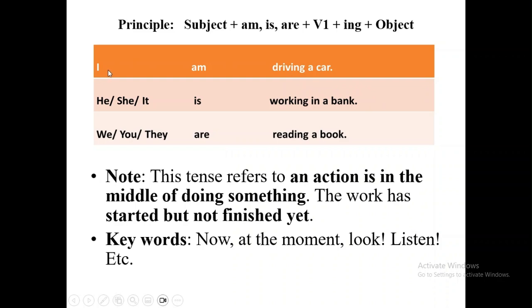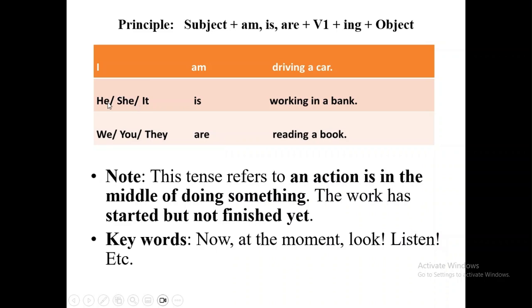So in the present continuous tense, whenever we use the pronoun I, then we have to use the helping verb am. Always remember this combination, I plus am. So I am driving a car. I am working in a bank. I am reading a book. Like that, we have to express.